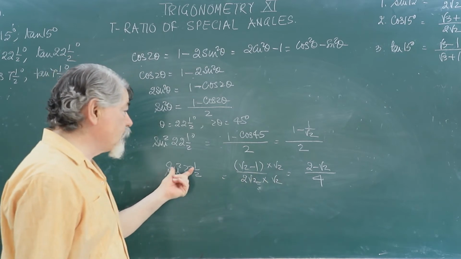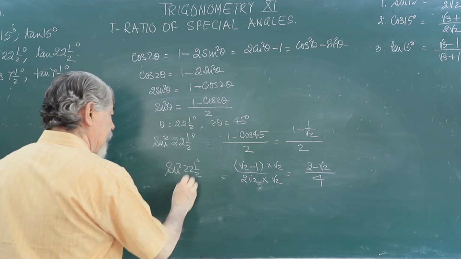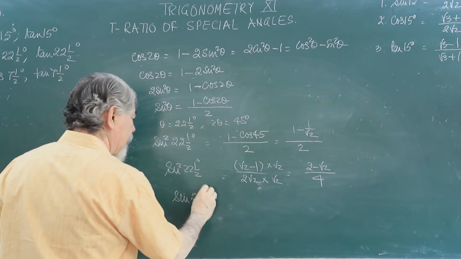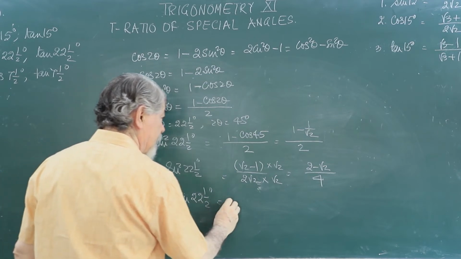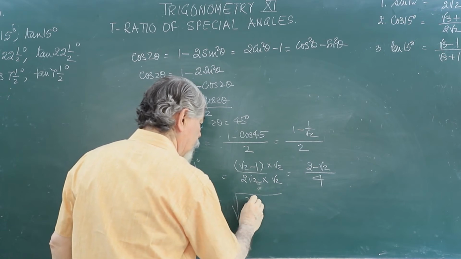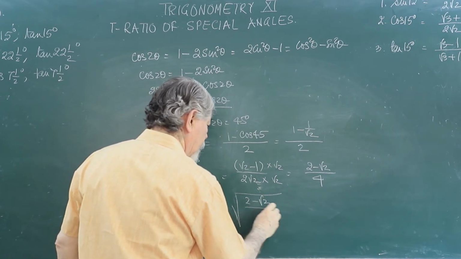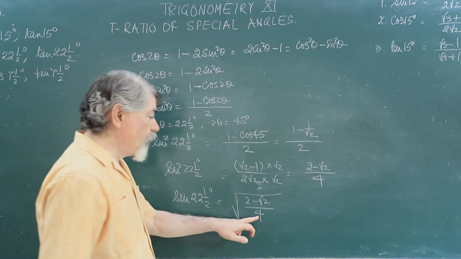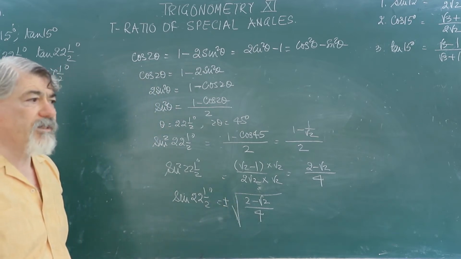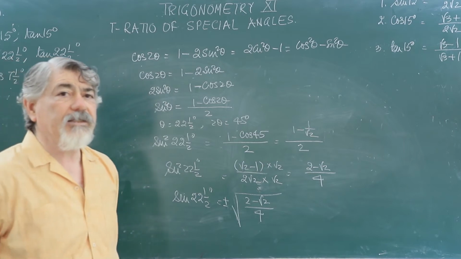Now it is sine square 22.5 degree. I will calculate sine 22.5 degree. That means I will have to take the square root of that side. So the square root will be square root of 2 minus root 2 upon 4, square root of 4, and it is plus minus. Always square root is plus minus, but we are taking only the plus sign.